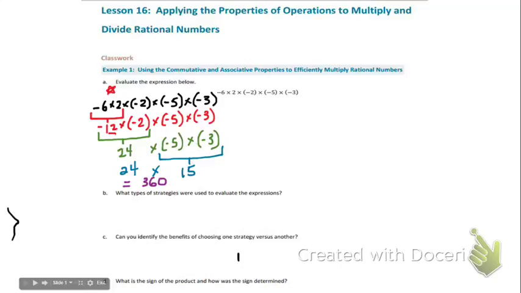So this is after my first step, it looks like that, and then after my second step, it looks like this, because I just took these two terms here, -12 times -2, I know that's a positive 24, and kept that there, and that was the last I did with that.